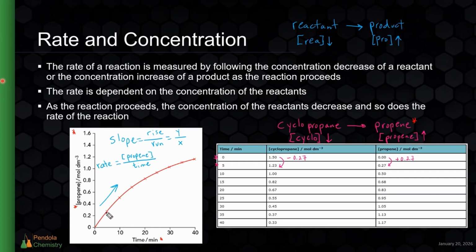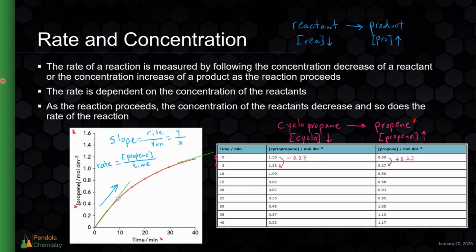And as you can see here, as the reaction proceeds, the rate decreases, the slope decreases. We have here at the beginning a very steep line. So the slope here at the beginning is very steep, whereas towards the end here, the slope is a lot flatter.